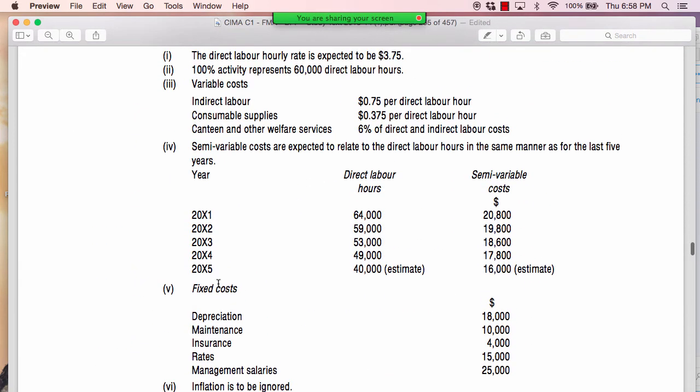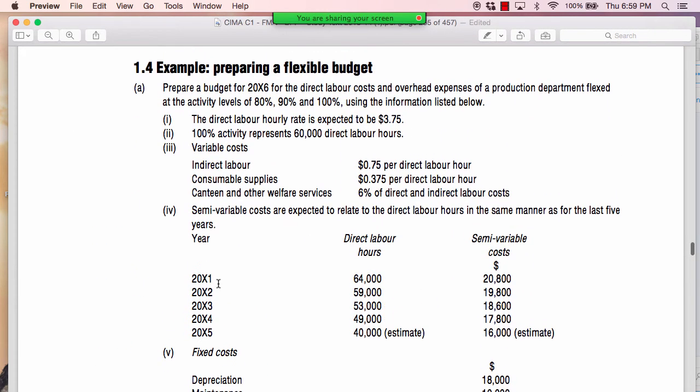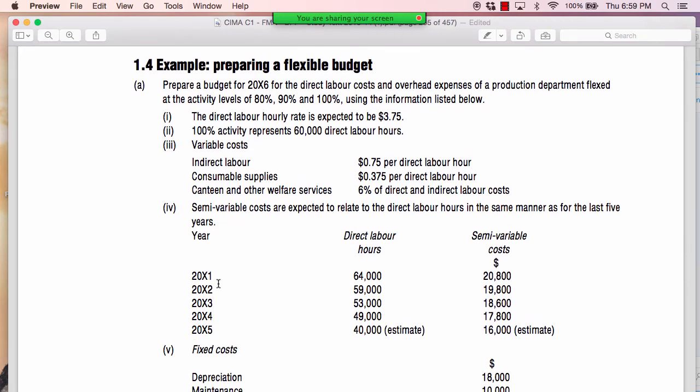Now let us go to the question itself, right? They're asking, prepare a budget for 2006 for direct labor cost and overhead expenses of a production department at the activity levels of 80%, 90% and 100%. They also give the direct labor hourly rate as 375. Right, 100% activity represents 60,000 direct labor hours.